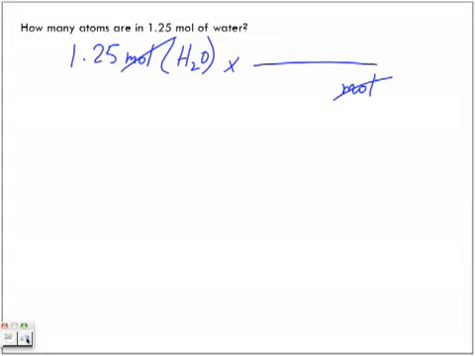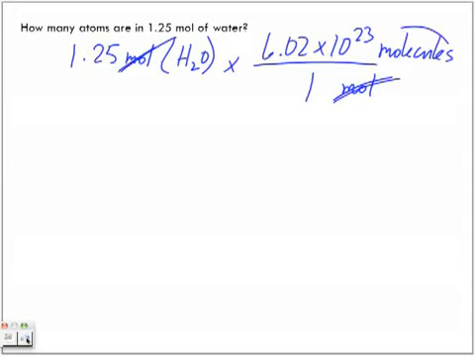So technically we're looking at 1 mole is equivalent to 6.02 times 10 to the power of 23, not atoms, but molecules. Okay, so we're looking at molecules. So now we are going to get how many molecules are in 1.25 moles. Okay, so our answer, when we've canceled out mole, will give us molecules.